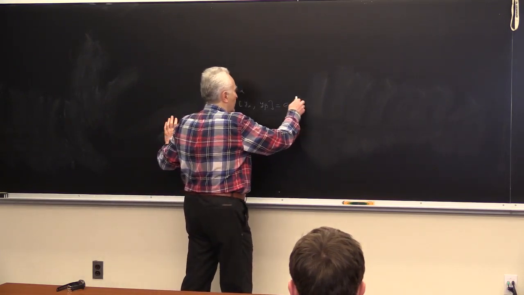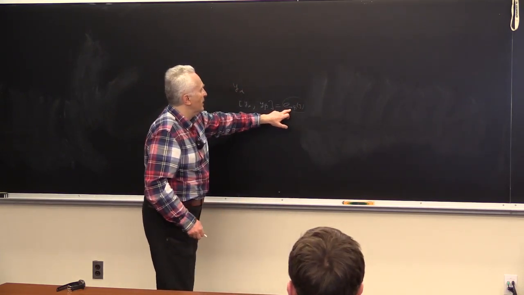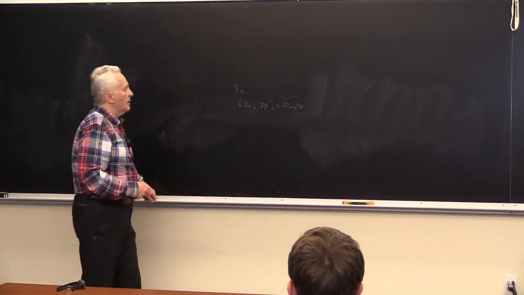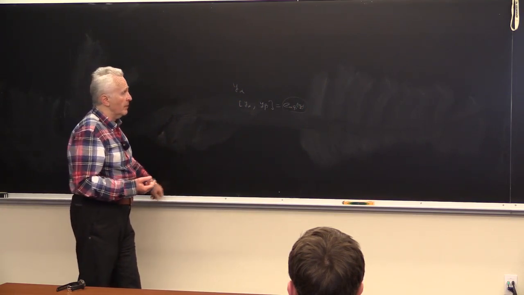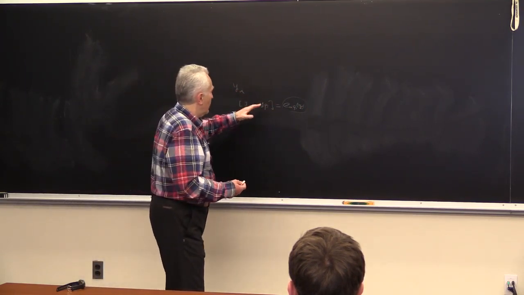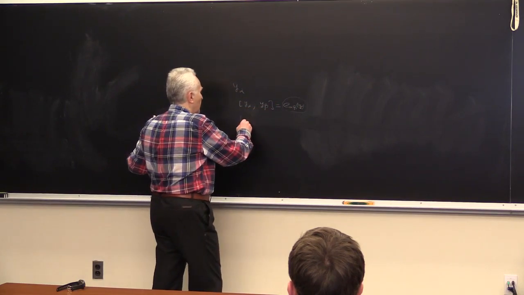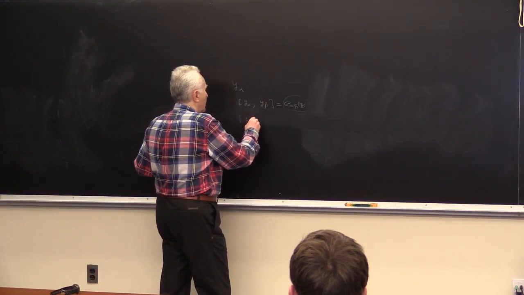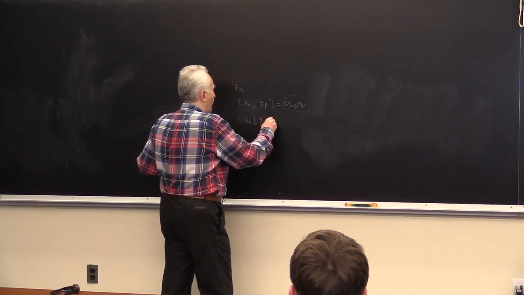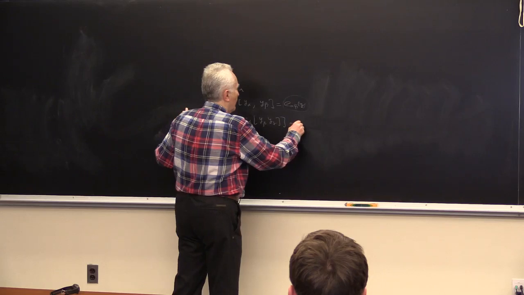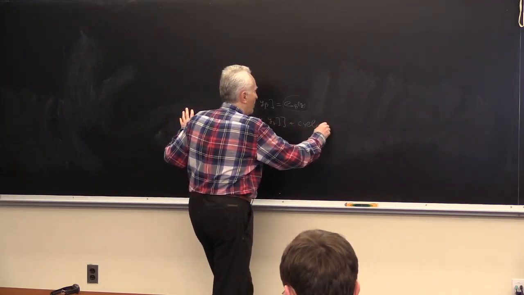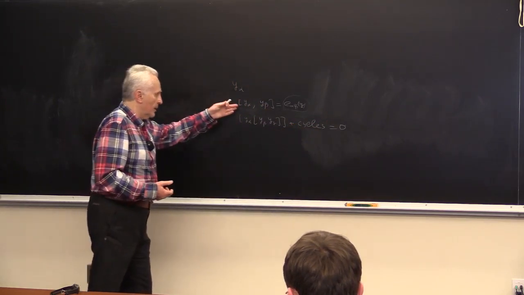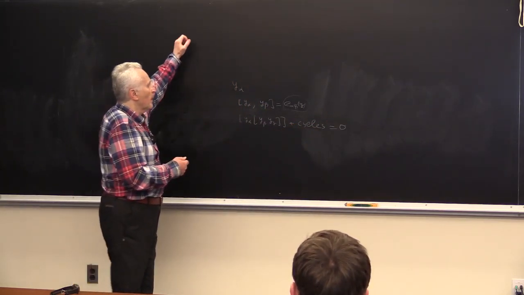This is obviously an anti-symmetric tensor, but it's not an arbitrary anti-symmetric tensor. We said there is a Jacobi identity to be satisfied, but otherwise, if the Jacobi identity is satisfied, then this is a legitimate Hamiltonian system.